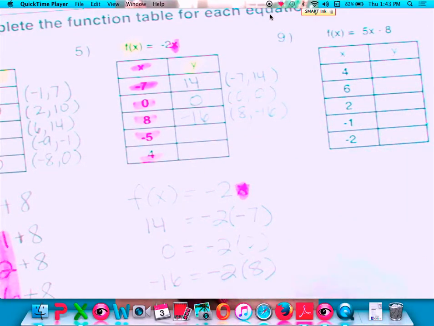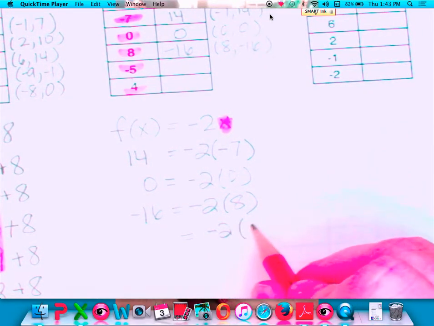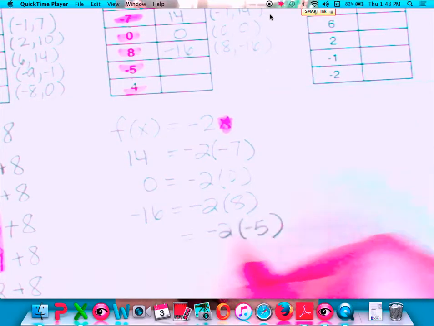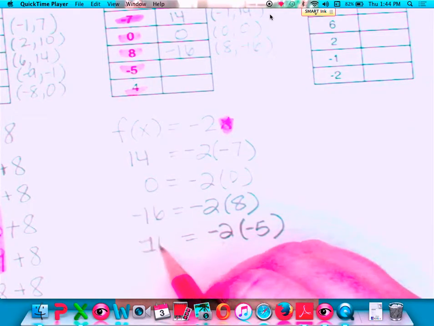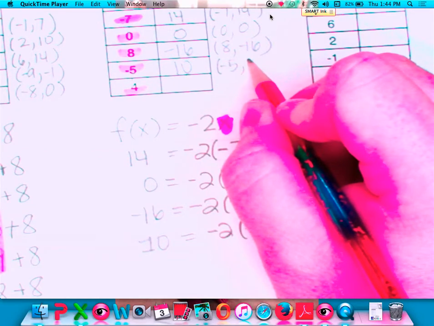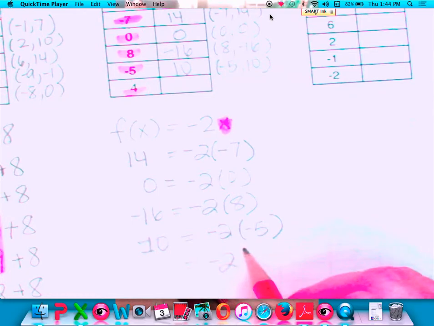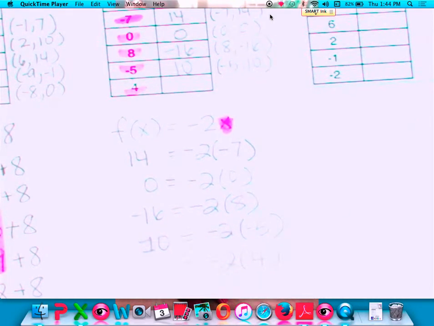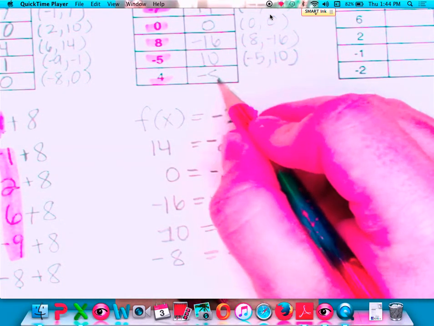Put in -5, so I'm going to put -2 times -5. -2 times -5 is a +10. So my ordered pair there is -5, 10. And then I'm going to put in a 4. If I put in the input of 4, I have -2 times 4, which is -8. And there's my ordered pair.